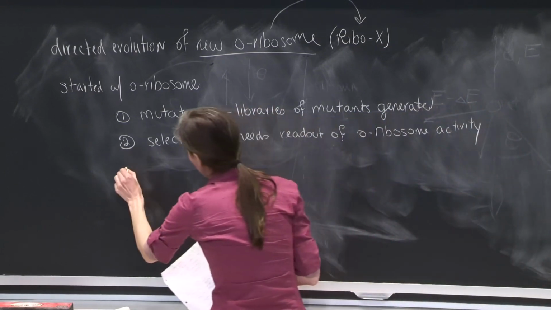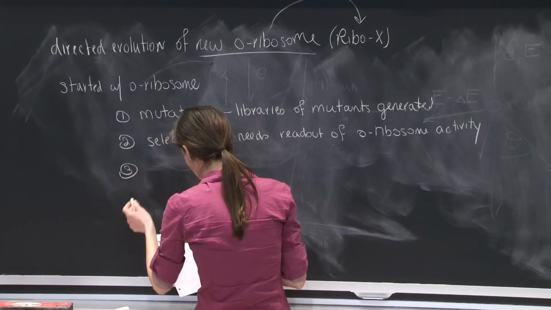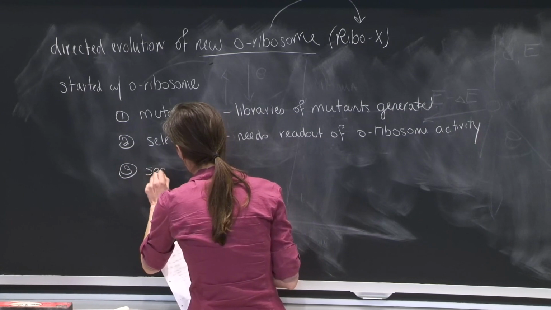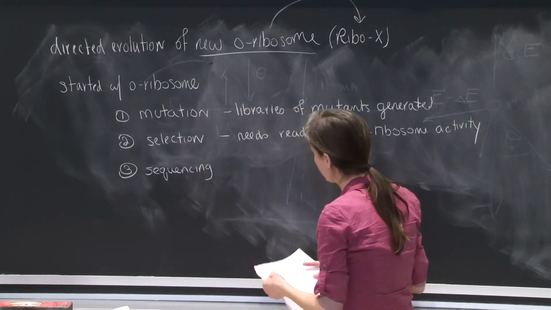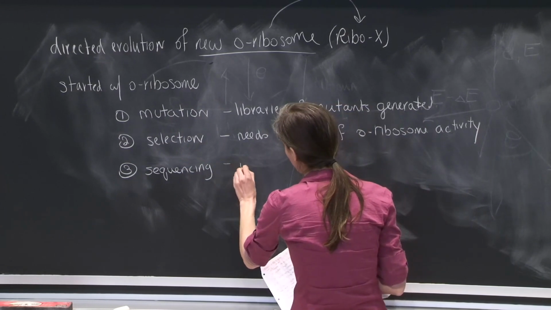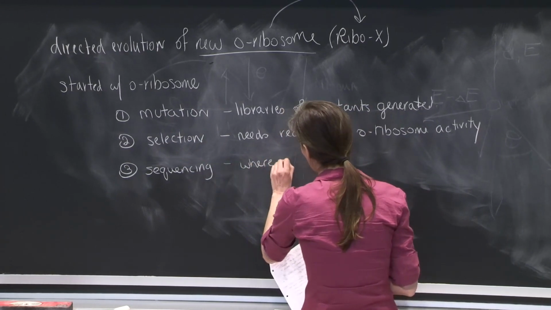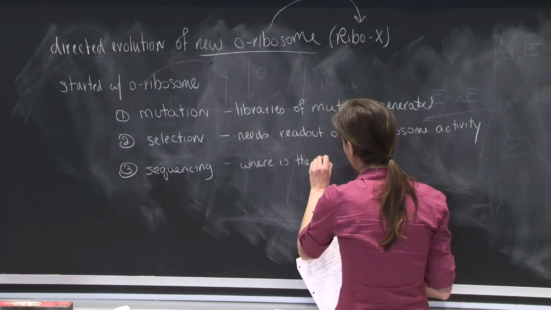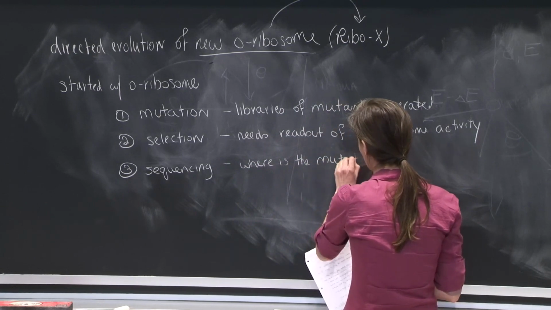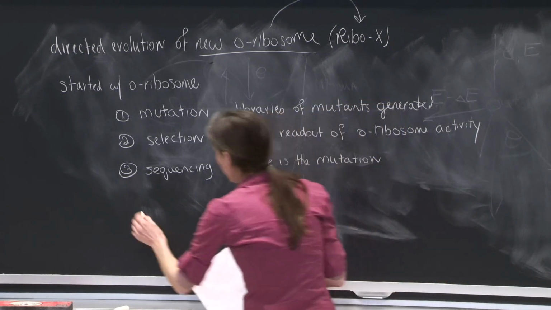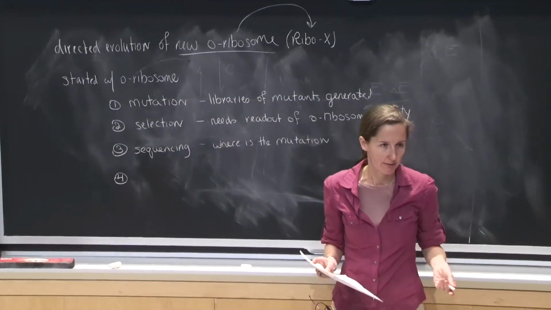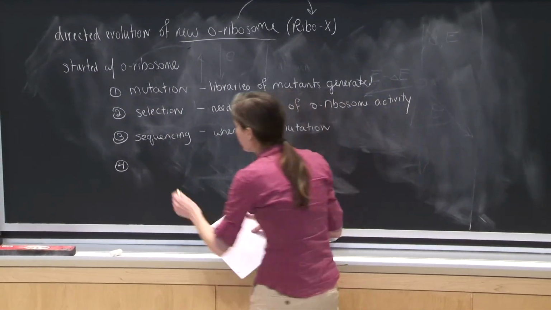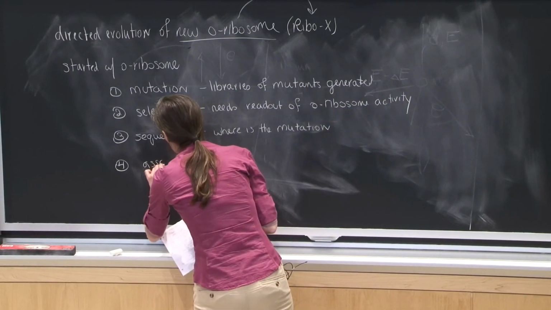And then there needs to be some sequencing, or identity determination. So where is the mutation? And then with some mutant in hand that looks like it's a good option, there need to be assays to study it.